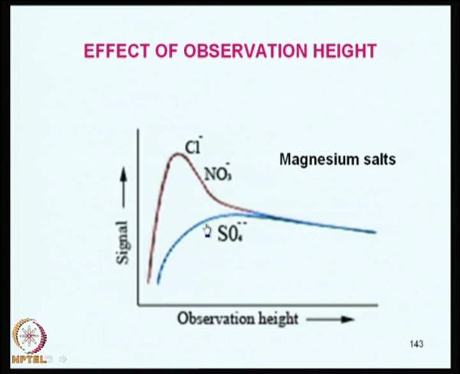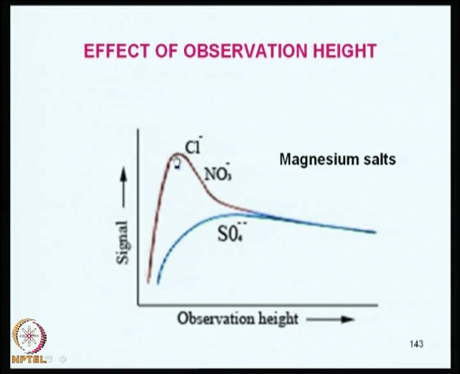If you increase the observation height, let us say to 2 centimeter, 3 centimeter, 5 centimeters etc., then you will get maximum absorbance for sulphate somewhere around this region. Suppose you increase the height still further, many other concomitant processes of the flame take place, and the signal decreases, because it is no longer the high temperature zone where the atom population is substantial.